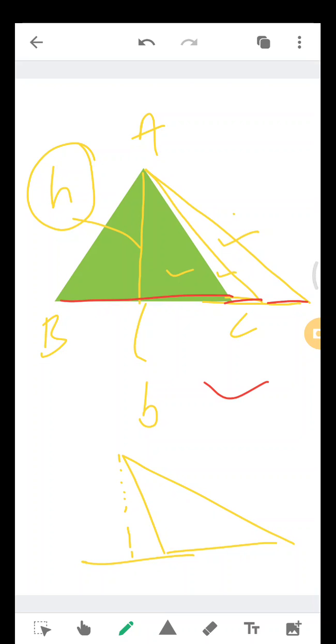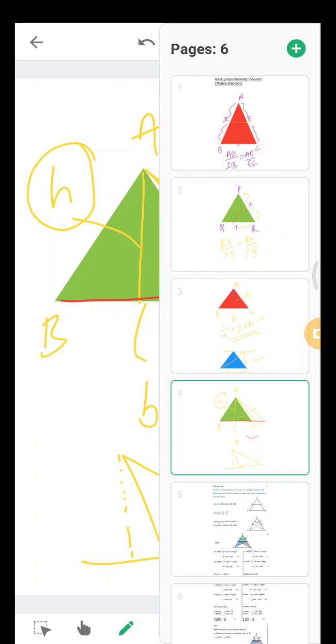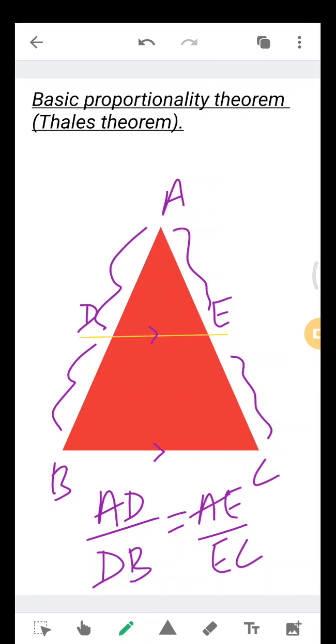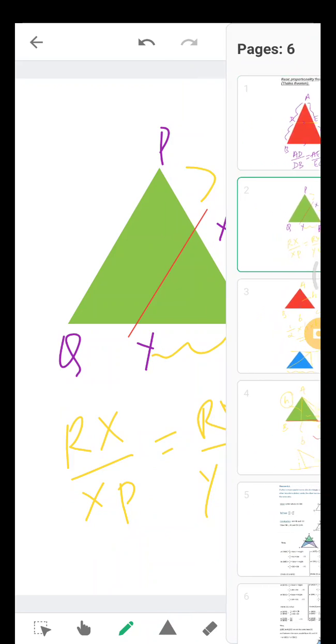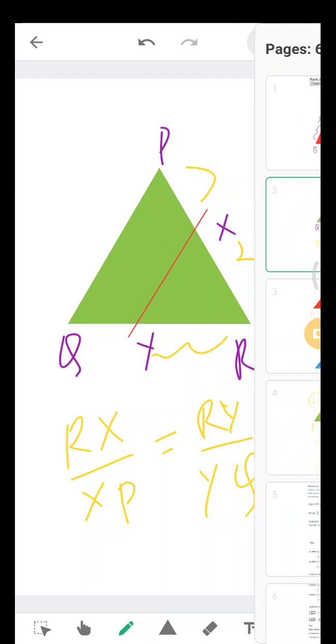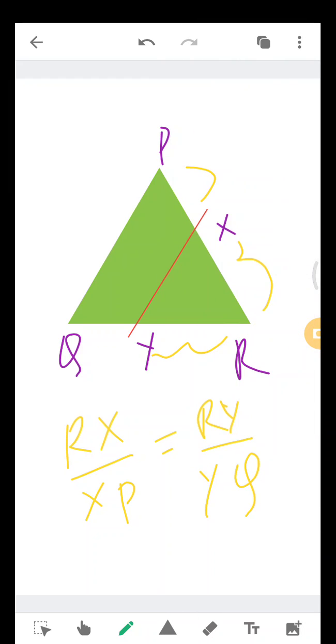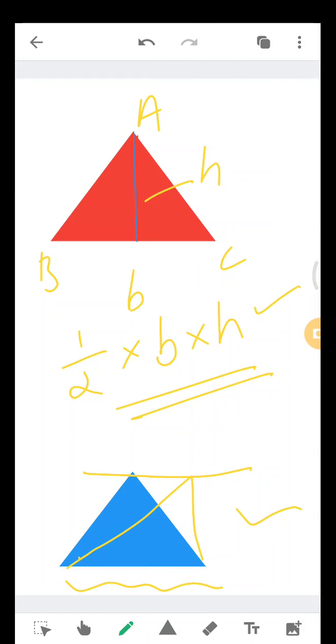Okay, these are the three things you must remember before we go to the theorem. I just gave you a glimpse of what the theorem says, and then I said you can draw the line parallel in any direction. Then I told you the area of a triangle formula, half into base into height.